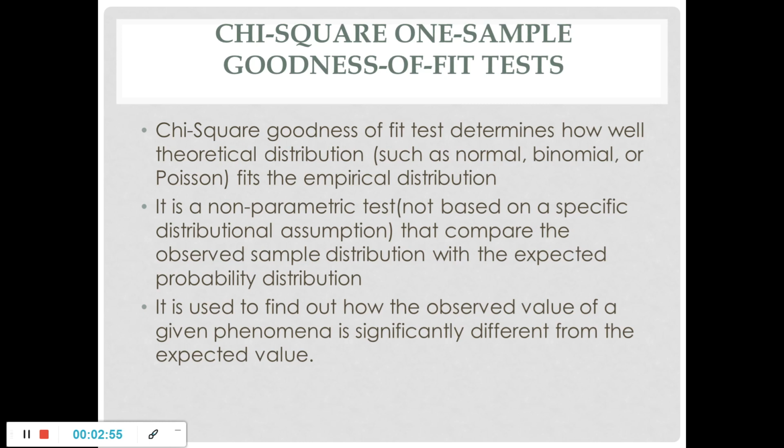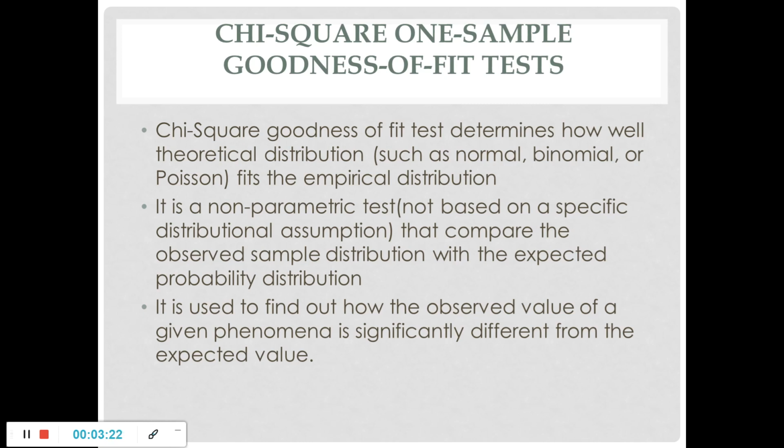That means the probability of getting a head is 1 by 2. So this distribution is your theoretical distribution. The theoretical distribution says when you flip a coin a large number of times, you should get 50 percent heads and 50 percent tails.